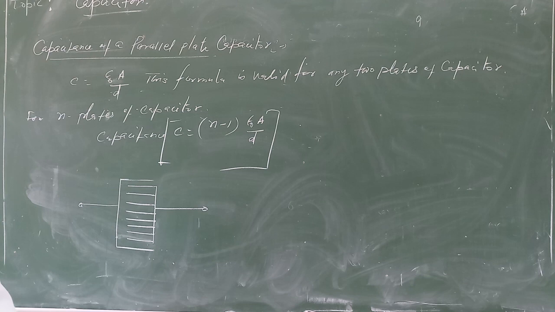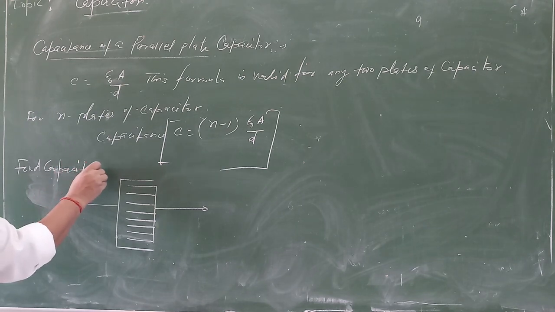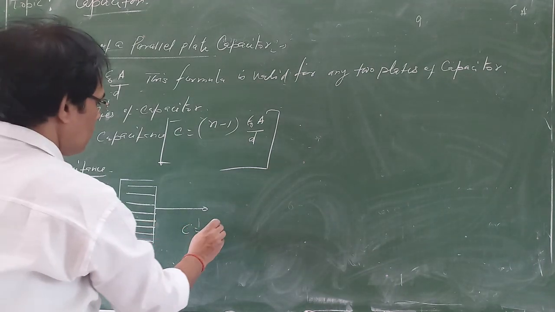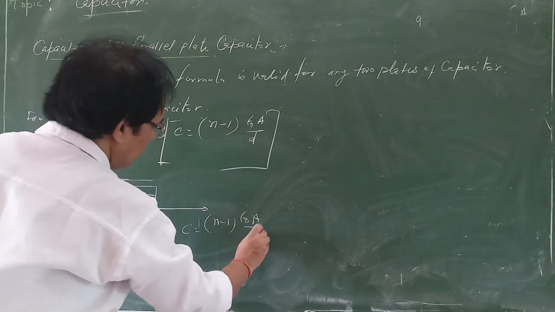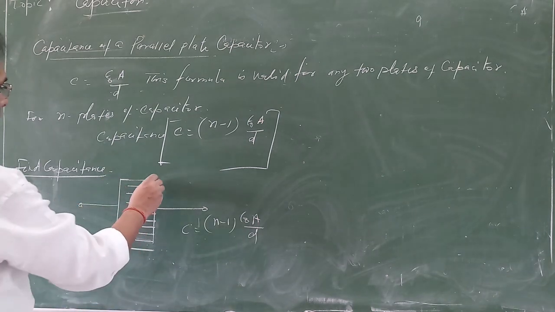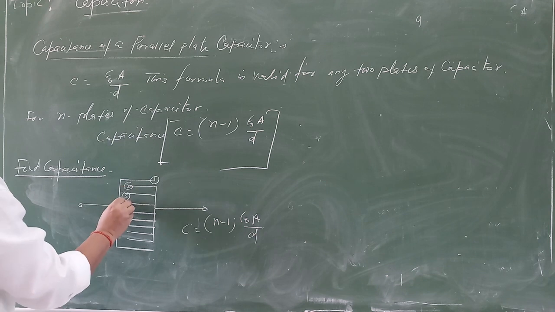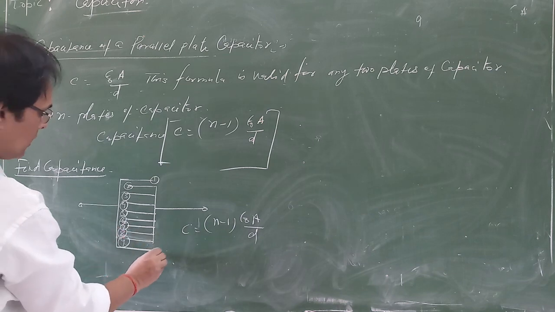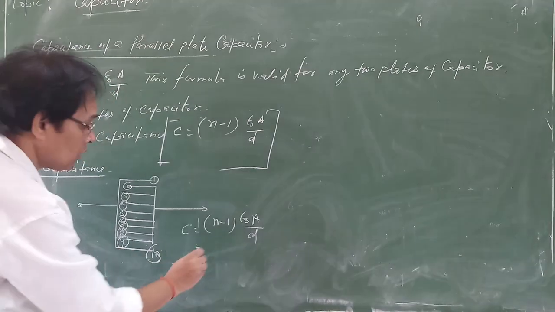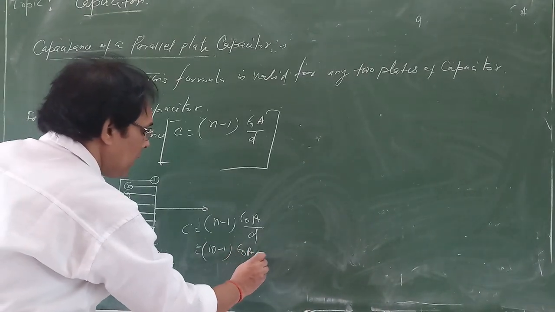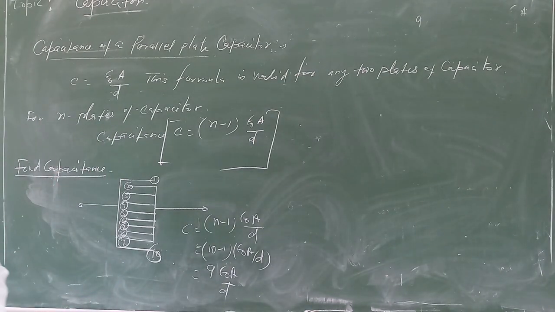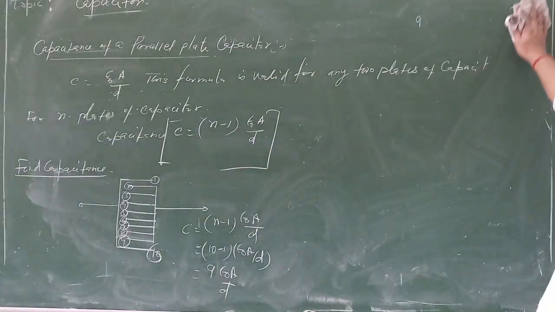There are 10 plates. Use the formula C equals n minus 1 epsilon naught A by D, so 10 minus 1, which is 9 epsilon naught A by D. This is the capacitance of a parallel plate capacitor with more than 2 plates.